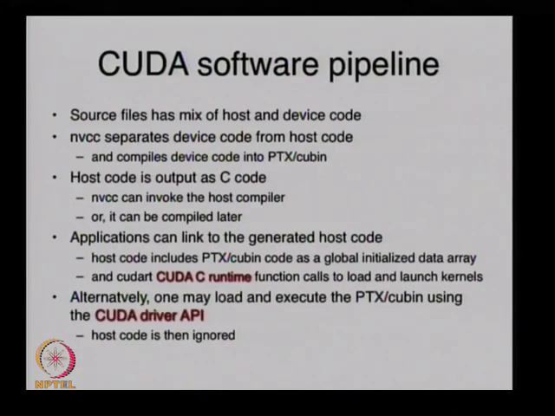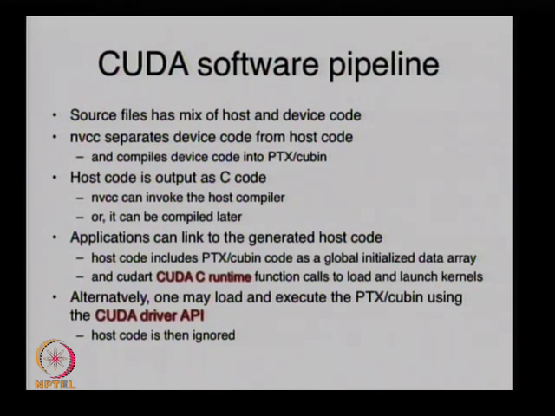Okay, and so this is what's going to happen. The source file is going to have some CPU code, some GPU code. The GPU is what is being referred to here as the device, the CPU as the host. NVCC will separate it out.